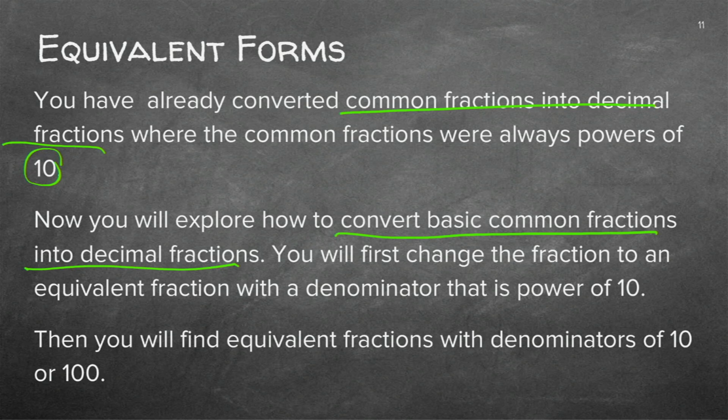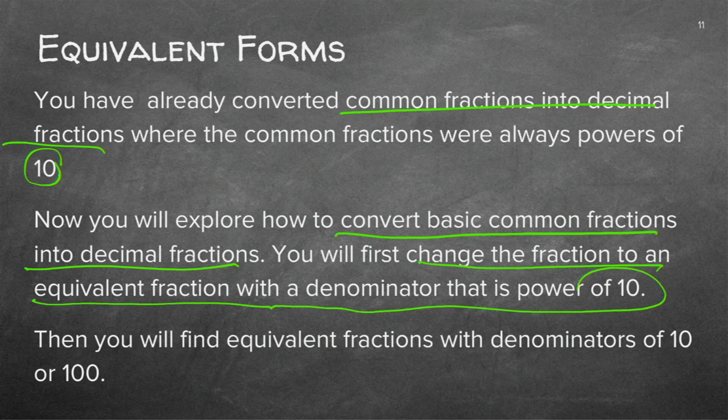We will first have to change the fraction to an equivalent fraction with a denominator that is a power of 10. Now it's a lot of words, but I'm gonna explain to you just now. So then you will find equivalent fractions with denominators of 10 or 100.